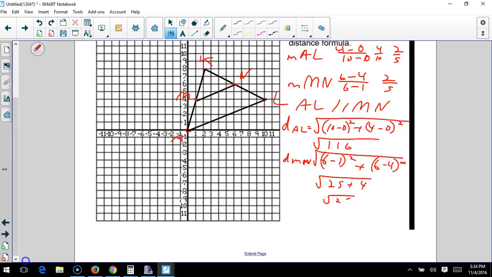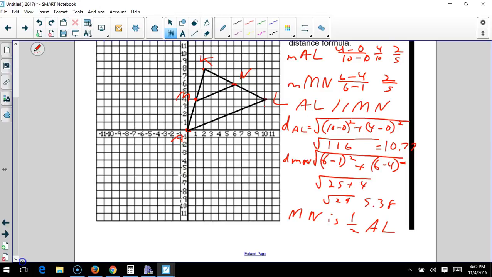So that's the square root of 29. Well, the square root of 116 as a decimal is 10.77. And the square root of 29 is 5.38, which is half of AL. So MN is 1/2 of AL.